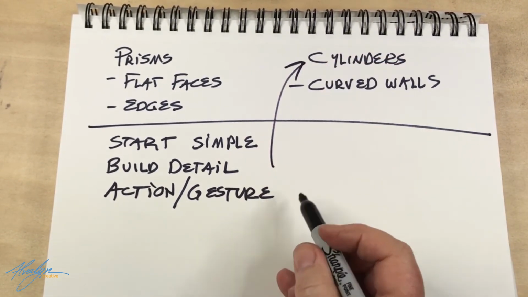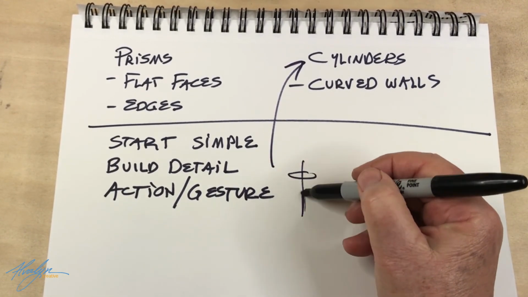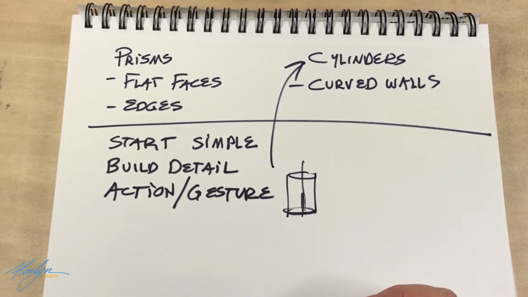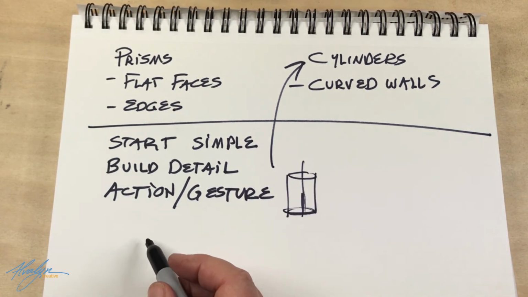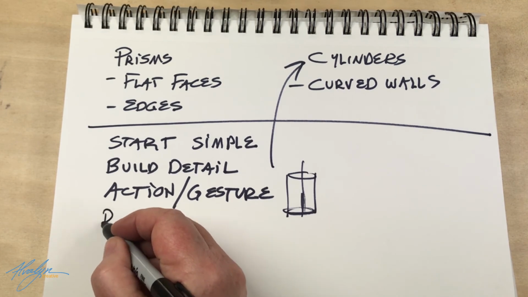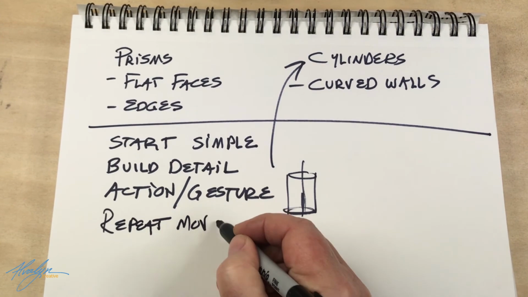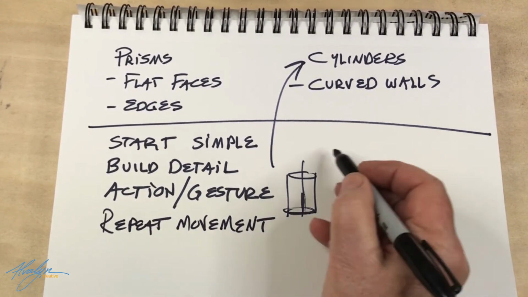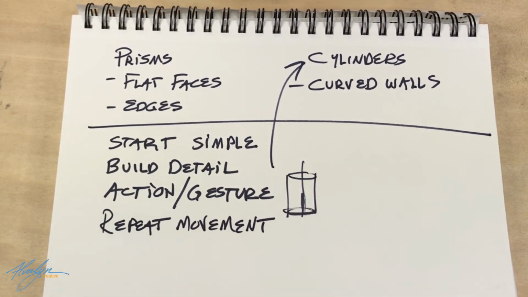Especially with cylinders, so that you can position the top in relationship to the bottom, and so that things line up properly. You want to repeat your movements in order to be able to flesh out the form. So you're doing this kind of over and over and over again. That keeps you loose and it forces you to start simply.